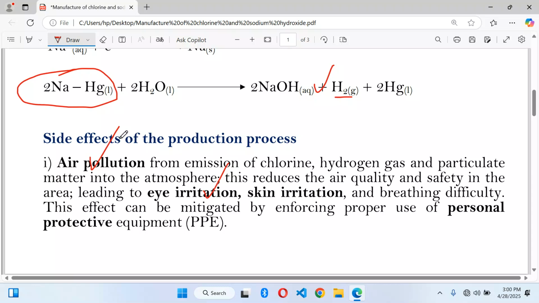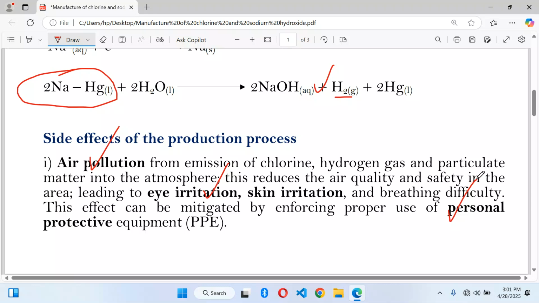You get a score for the danger, and a score for the effect. And then finally, how do we mitigate? How do we curb, how do we prevent this danger from happening? So this effect can be mitigated by enforcing proper use of protective gears.